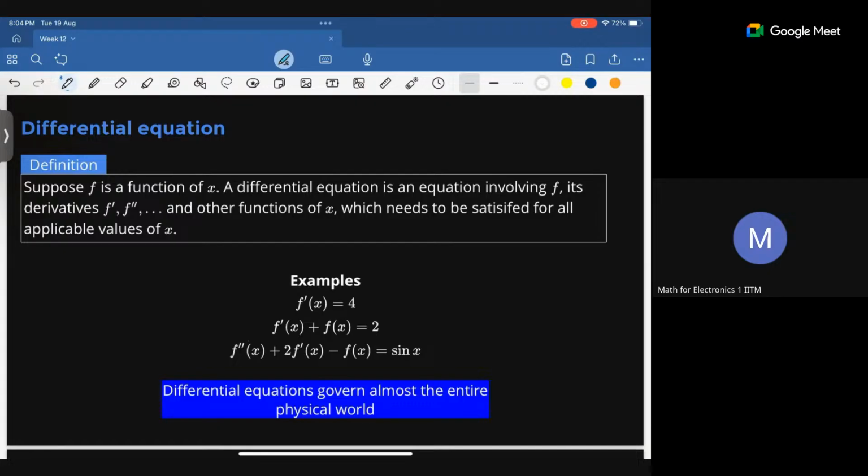Rather, we will be discussing very basic first order homogeneous ordinary differential equations, and then a little bit of second order, and all the differential equations that we are going to discuss in week 12 are linear. I will also tell you what linear is.